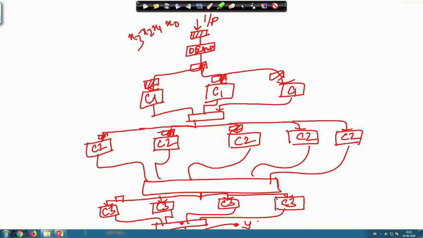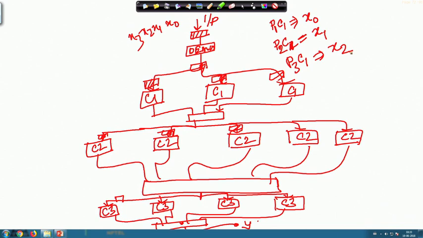At that time for C1, suppose this is P1 C1, then it will be connected with x0, then x1 for P2 C1, this is P2 C1, and this is P3 C1, it will be connected with x2.